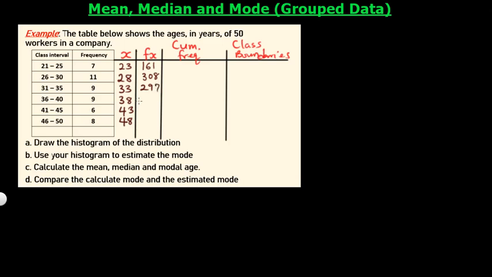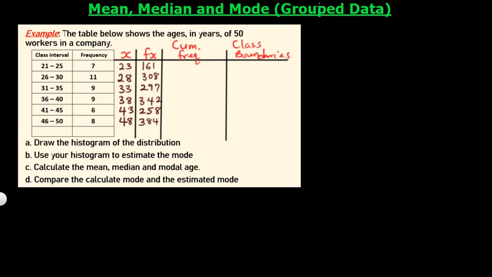Also 9 multiplied by 38, we get 342. We multiply 6 by 43, that was 258. Then lastly, we multiply 8 by 48, that gives us 384.